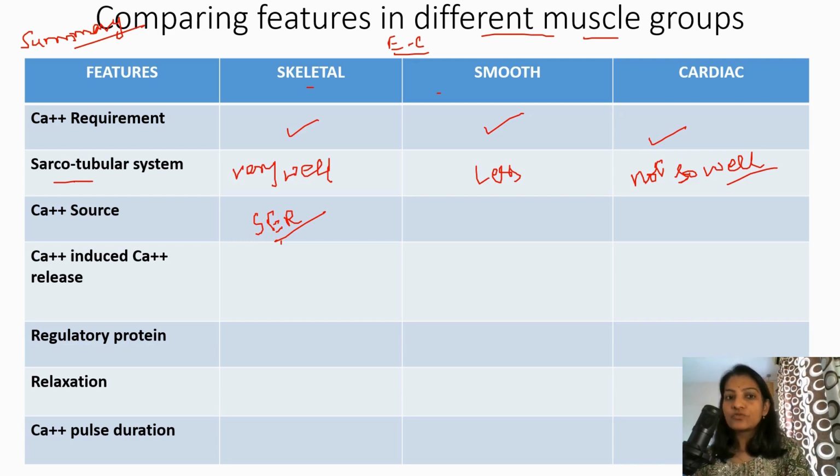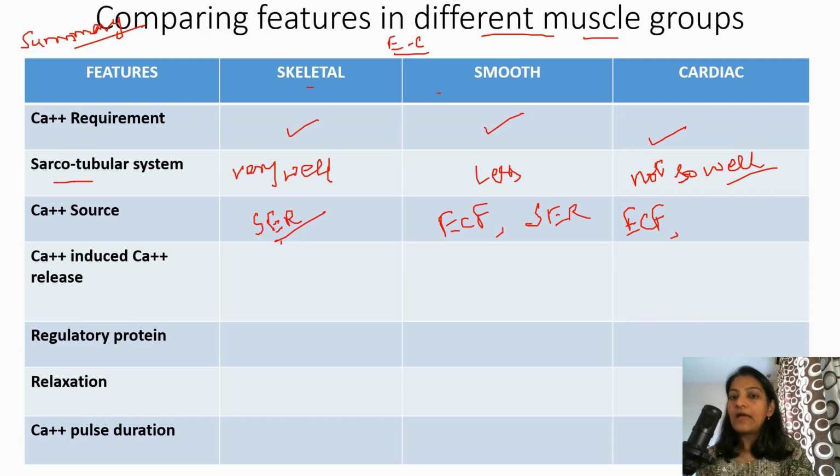In smooth muscle, the source of the calcium ion is mainly ECF, and some part of it is coming through the sarcoplasmic reticulum. In cardiac muscle, the calcium is coming from ECF and sarcoplasmic reticulum. So in case of smooth muscle and cardiac muscle, the calcium ion concentration in ECF is going to affect the muscle contraction.